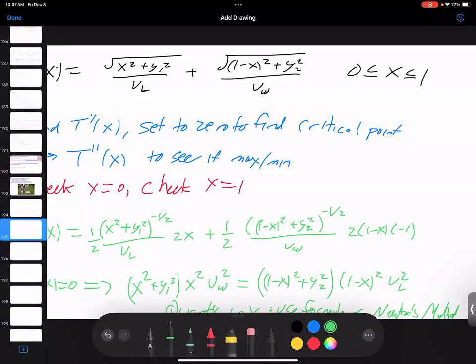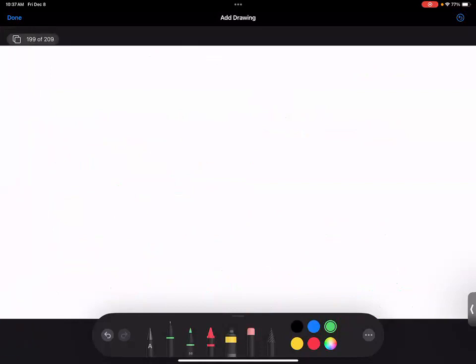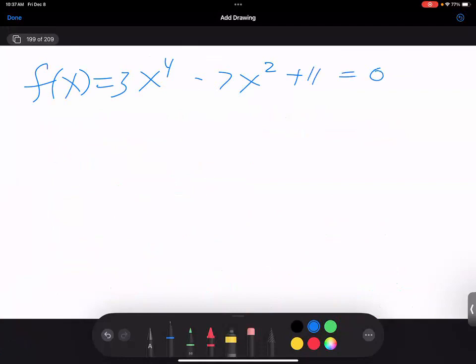So if I gave you a quartic, let's say I gave you f of x is 3x to the fourth minus 7x squared plus 11 equals 0. Does anybody know how to solve that quartic? We'll let t be x squared.